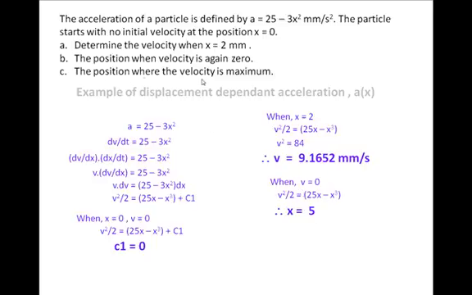The last one, the position where the velocity is maximum. See, where velocity is maximum, the derivative, that is acceleration, is 0. So use 25 minus 3x square, put it to 0 and work out x, and that will be 2.887. So we have solved all these three questions.